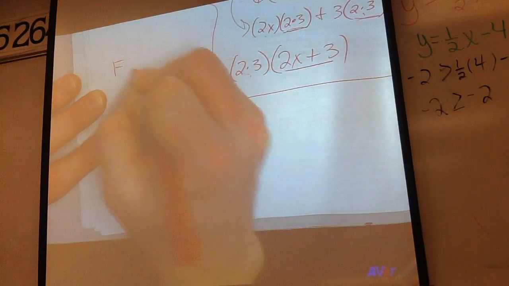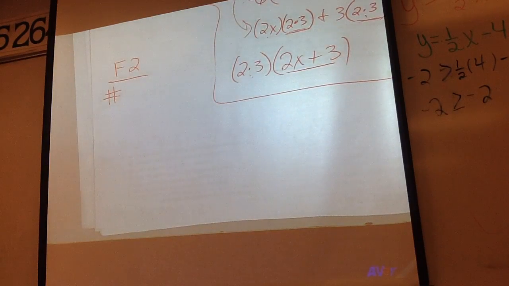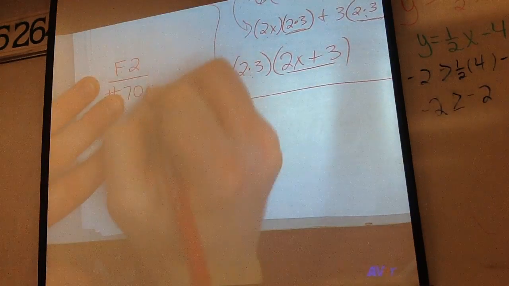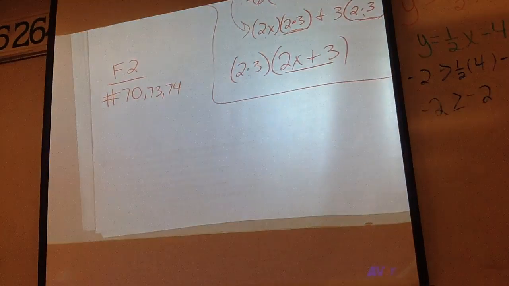Give me that one. Factor these suckers. F2, 45 through 75. Let me make sure these are factorable, because I don't want to tell you I won't give you a non-factorable one and then give you a non-factorable one. He's gonna do a homework real quick. Oh, hey, that one's good. 70, 73, 74, maybe 75.